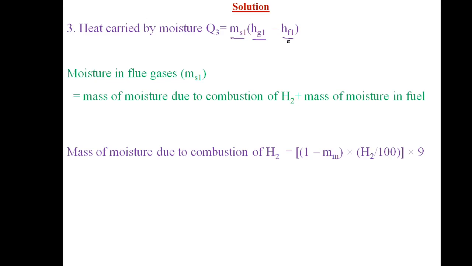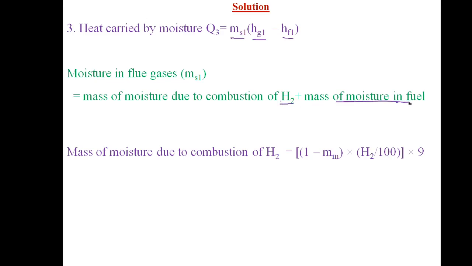So there are two sources of water, presence of steam in the flue gases. One is the mass of moisture due to combustion of hydrogen. Hydrogen is present in the fuel, and that hydrogen is converted into water, and that water gets evaporated and forms steam, and that steam moves along with the flue gases and carries heat. And then second is mass of moisture in the fuel.